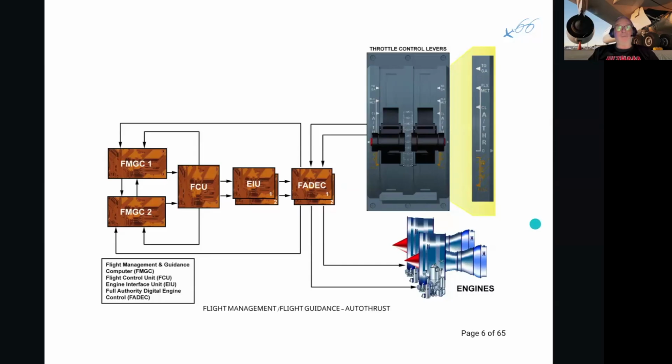If we're at the end of the runway doing a takeoff, then we want maximum thrust. Then the auto thrust will tell the FADEC, Mr. FADEC, I want maximum fuel in the engines, and the engines will spool up without the thrust levers moving.